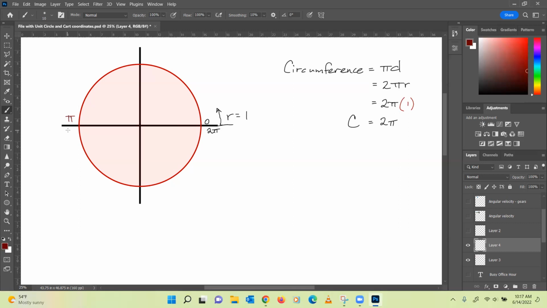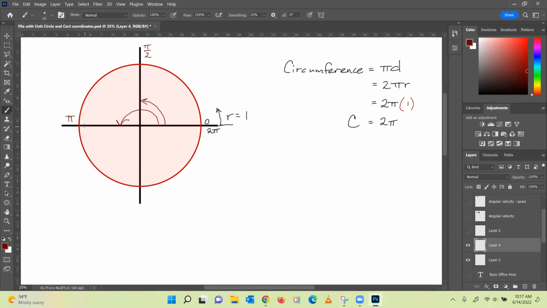Now let's break this down a bit more. Half of pi, meaning up here at the positive y-axis: if full pi rotates to there, half of that would take us to the positive y-axis, and half of pi is simply pi divided by 2. So that's how far we've rotated around the circle to get from the positive x to the positive y-axis. If we're rotating counterclockwise, we've rotated a distance of pi over 2.